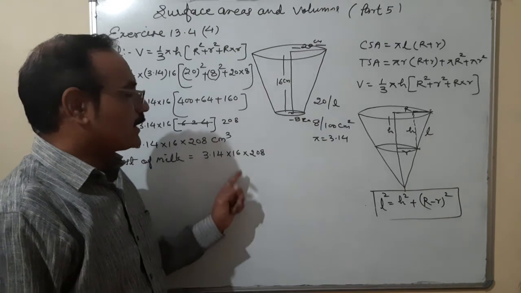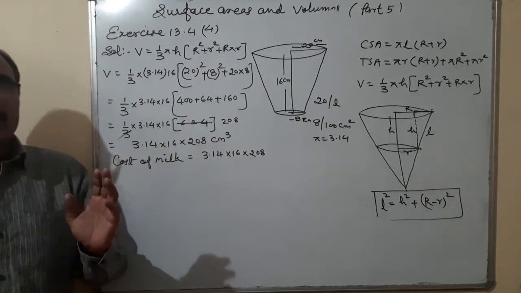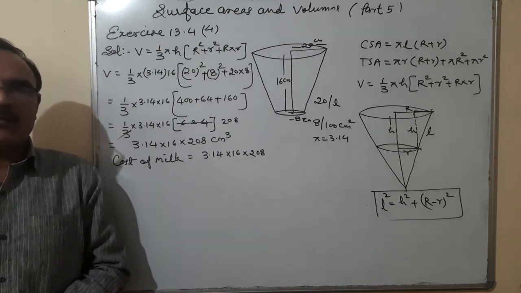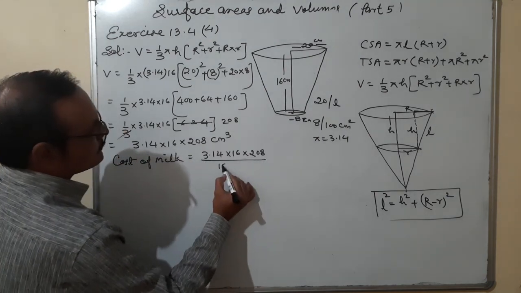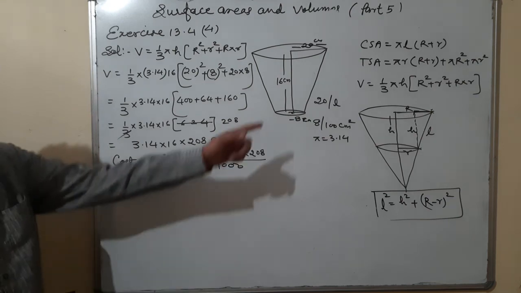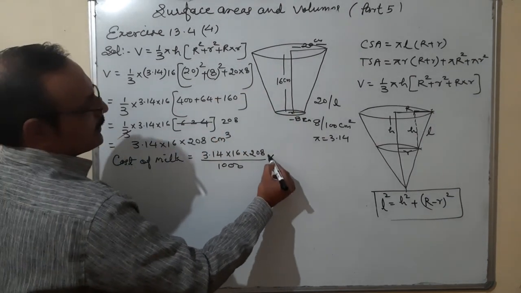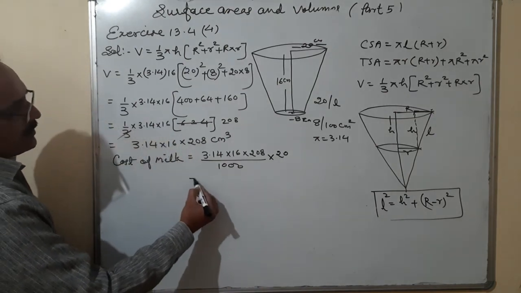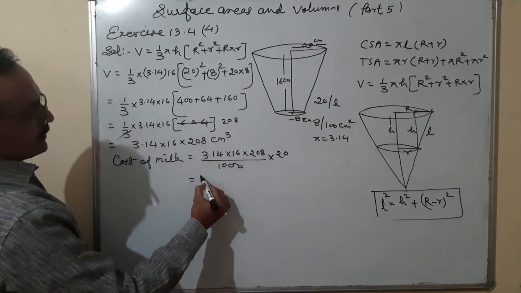So first this centimeter cube will be converted into liter, and I told you a very simple way: from centimeter cube to liter, you divide by 1000. Now this quantity is in liter, and the cost of milk is rupees 20 per liter, so that is multiplied by 20. So the cost is coming in the form of rupees. Got it? Okay.